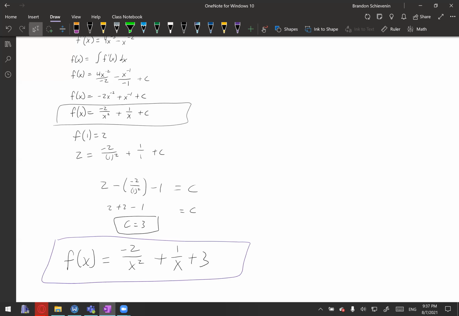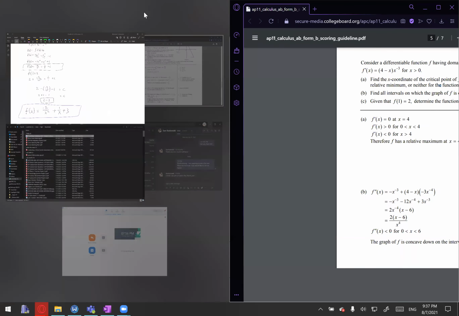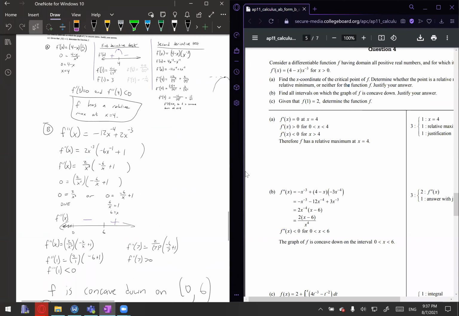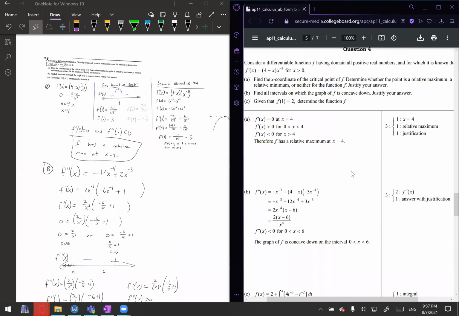No. All right. I'm going to flash the scoring guide for this one too, just so you can see how we would get our points. And we'll check against our work too. Can I make this side by side and still let you guys see? Okay. So for the first one, we were looking for critical points.